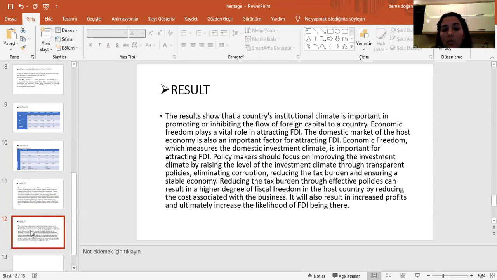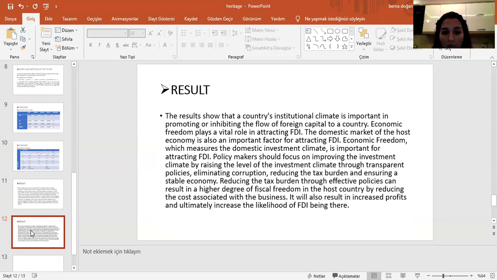The results show that a country's institutional climate is important in promoting or inhibiting the flow of foreign capital to the country. Economic freedom plays a vital role in attracting FDI. The domestic market of a host economy is also an important factor for attraction of FDI.